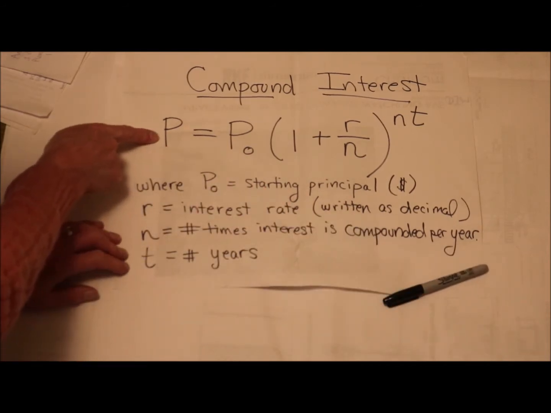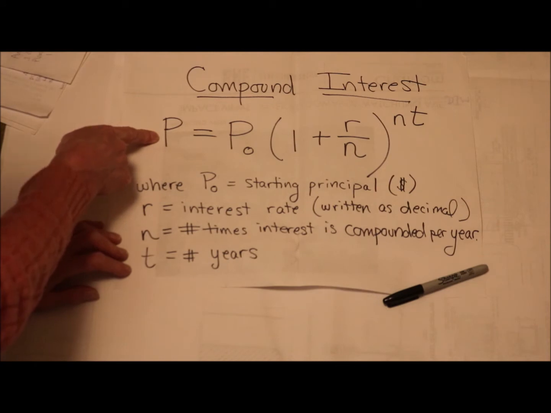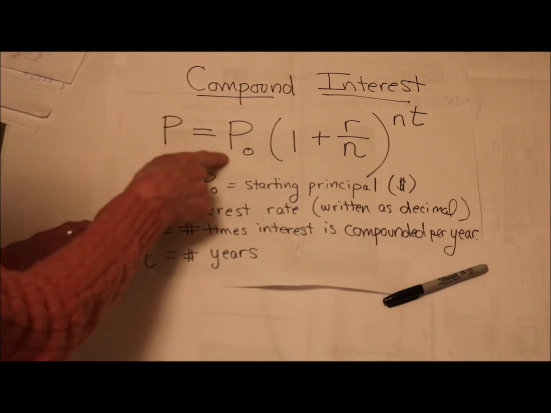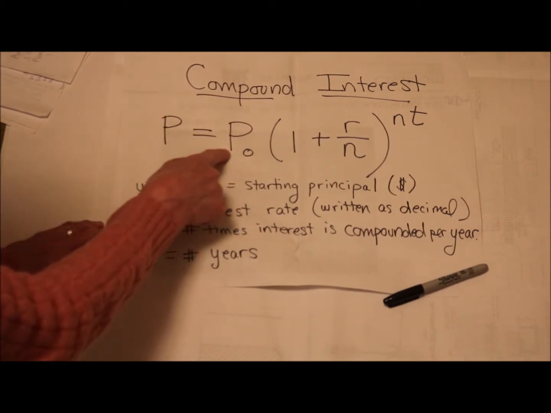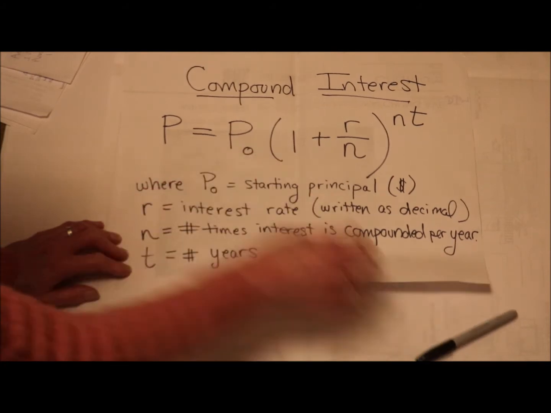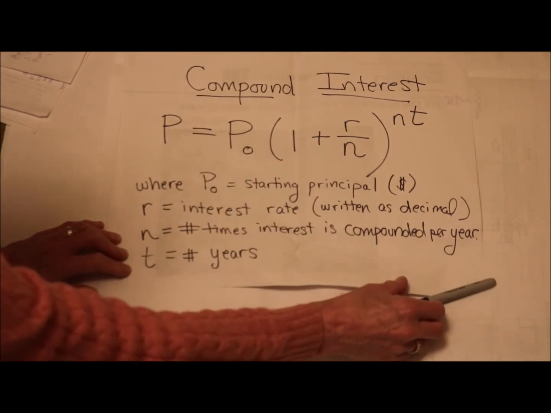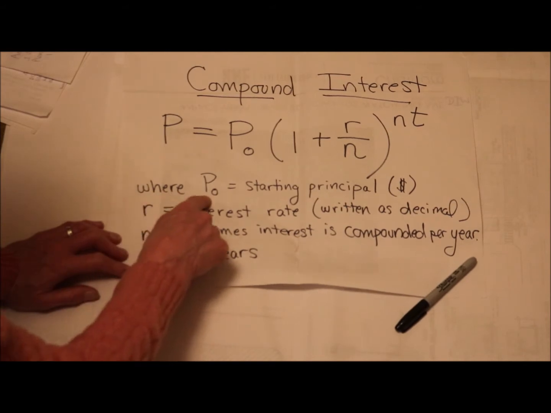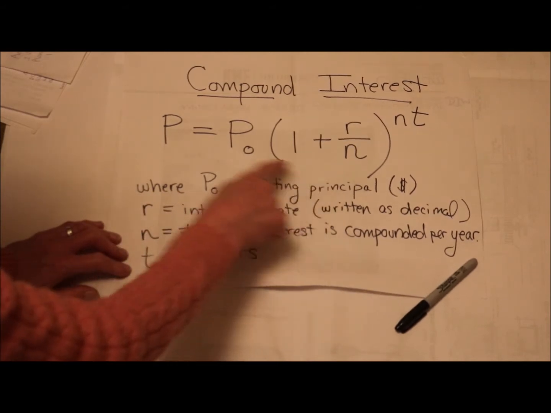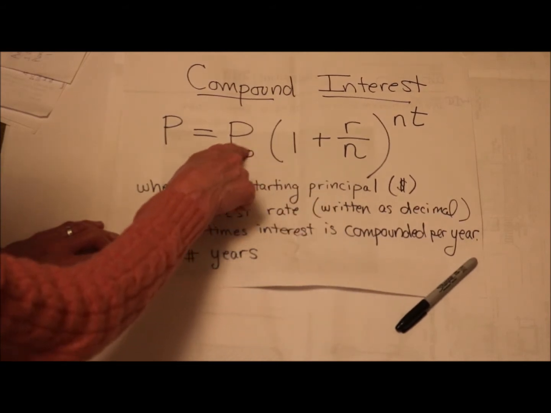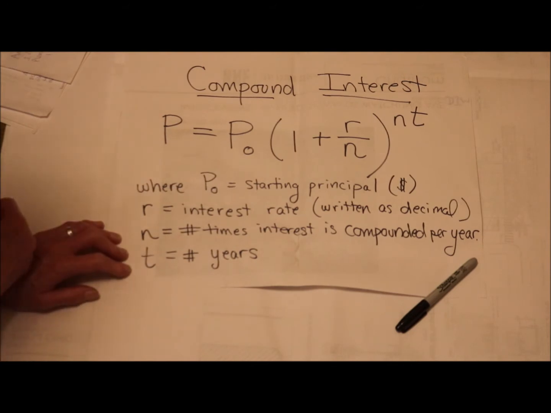P is your principal, in other words, how much money you have in your account. P sub 0, these are called subscripts. We're letting P sub 0 stand for the starting principal. Often a little sub 0 means your starting value at time 0.